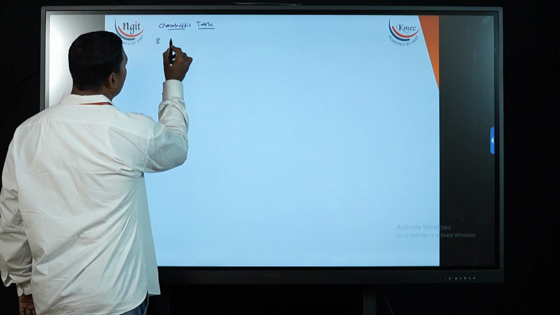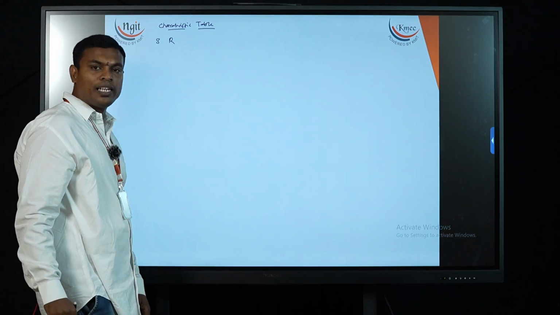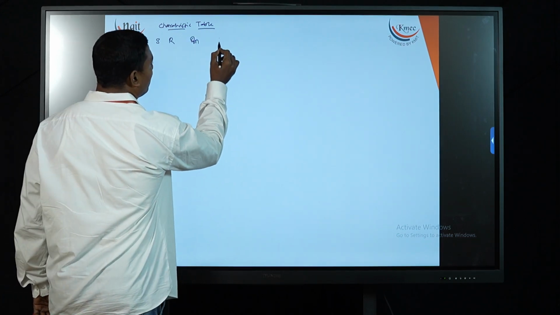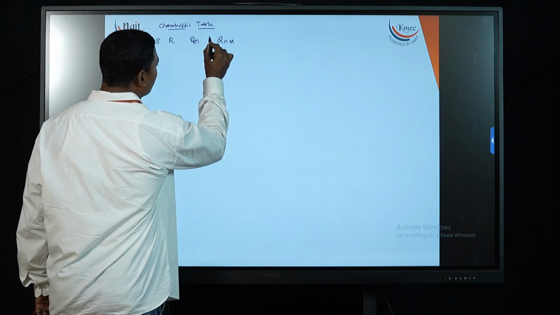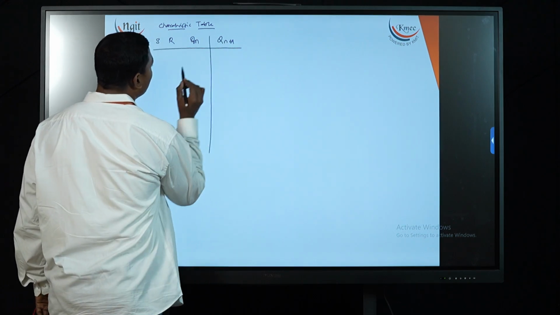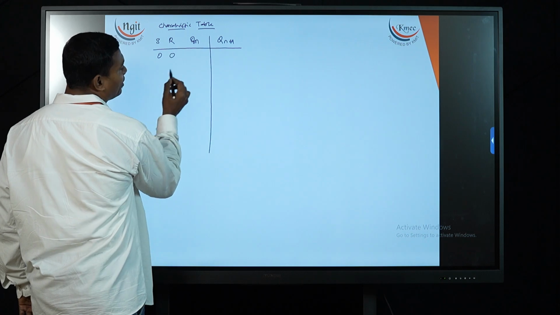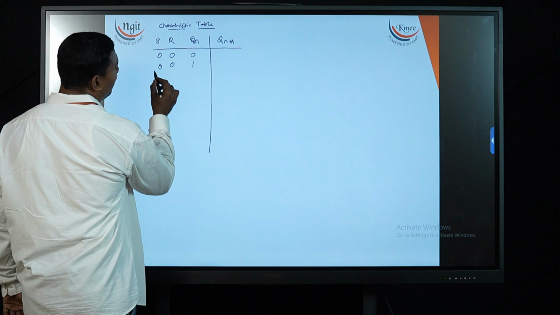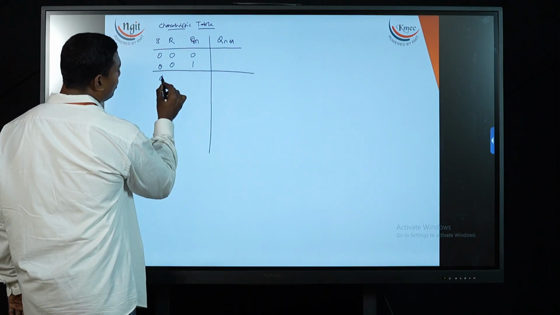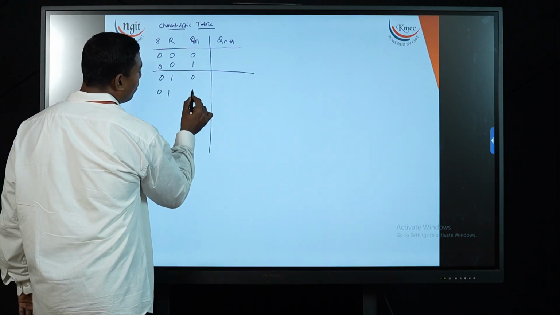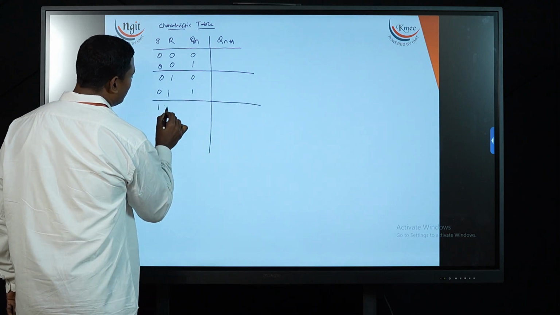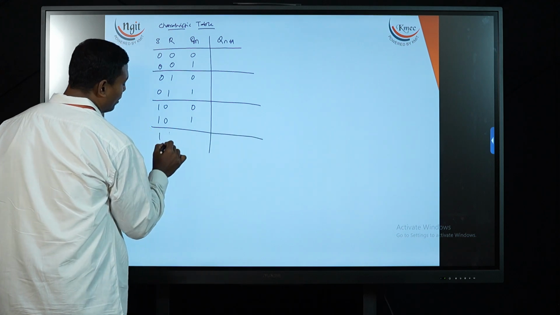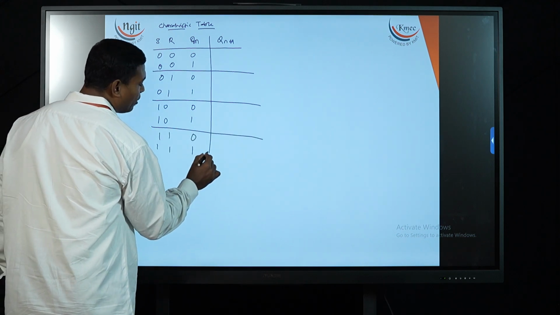SR are my input values. For the SR values, my present state is Qn and my next state will be Qn+1. For the 0 0 combination, my present state can be 0 or 1. For 0 1, my present state can be 0 or 1. For 1 0, my present state can be either 0 or 1. For 1 1, my present state can be either 0 or 1.